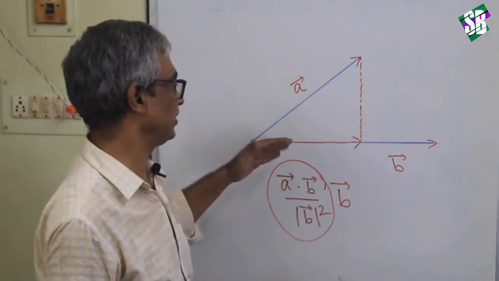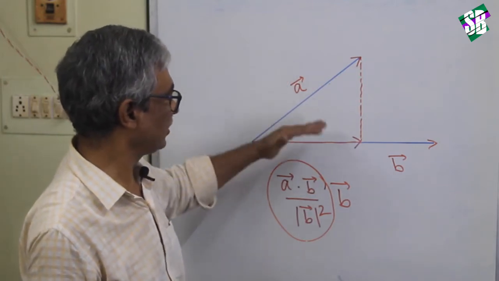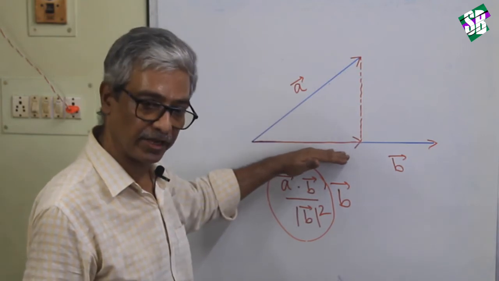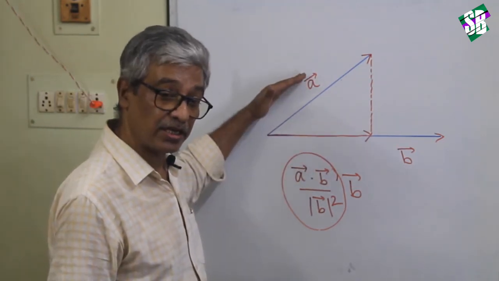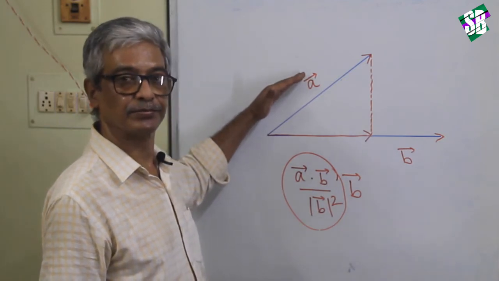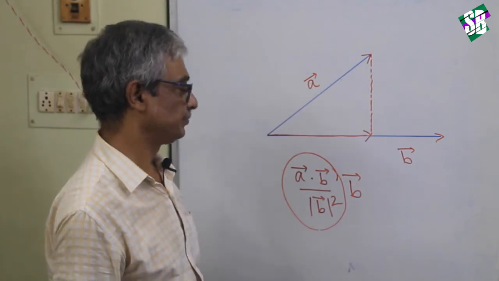How many vectors are there? Suppose in this figure, if you take a vector to be one of the vectors, then is a vector unique, or can you find many more vectors?